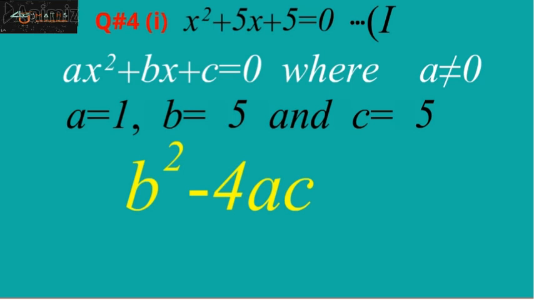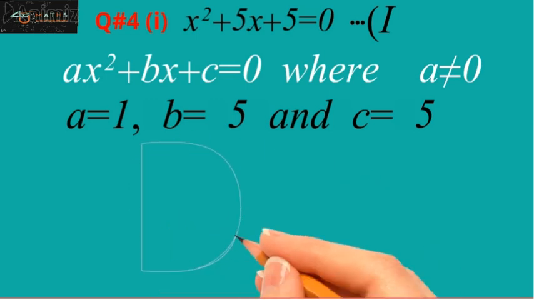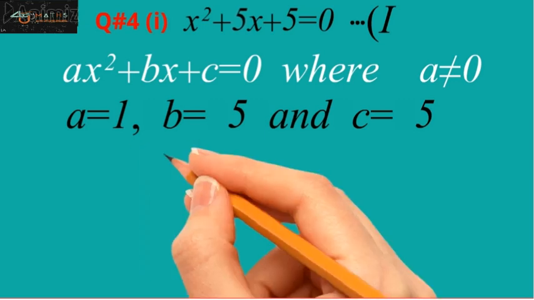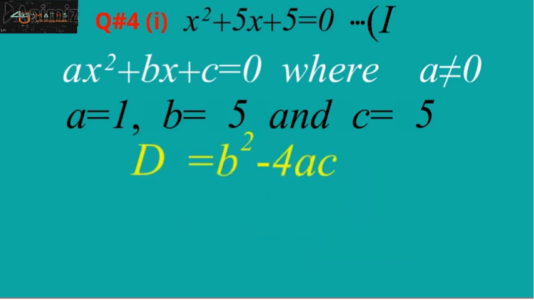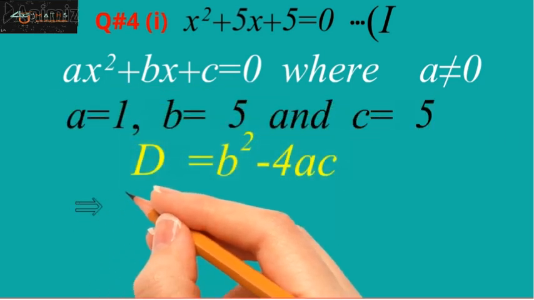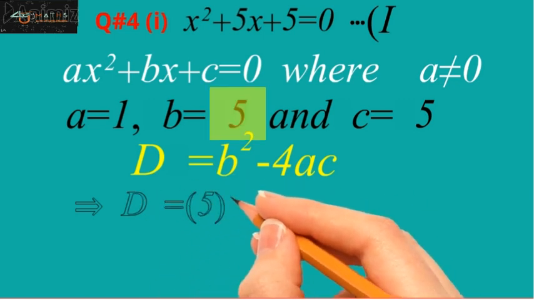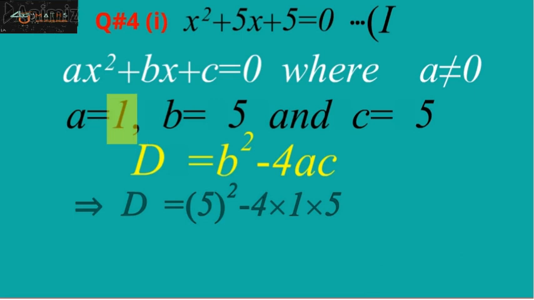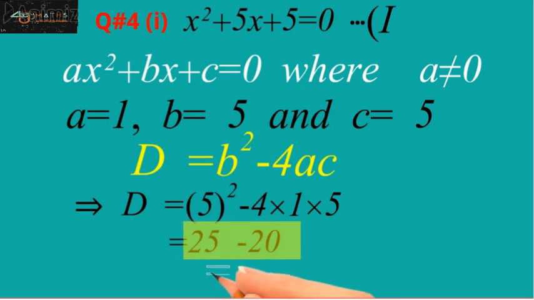Let us denote this discriminant by the capital letter D. So D is equal to b squared minus 4ac. This gives D is equal to 5 squared minus 4 times 1 times 5. Further simplification gives 25 minus 20, so 25 minus 20 gives 5.